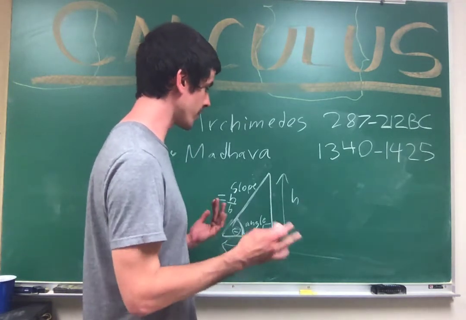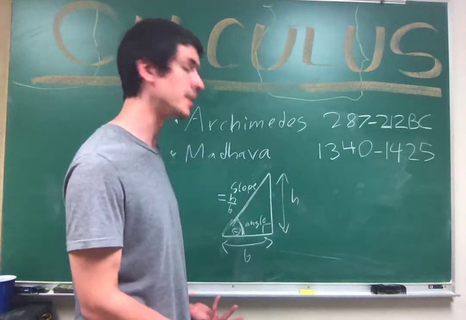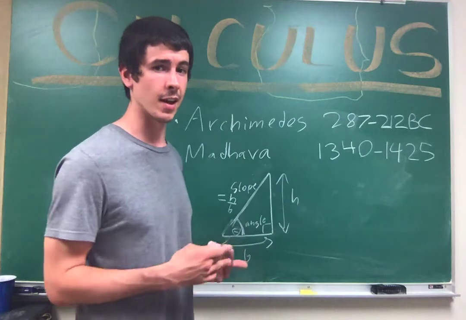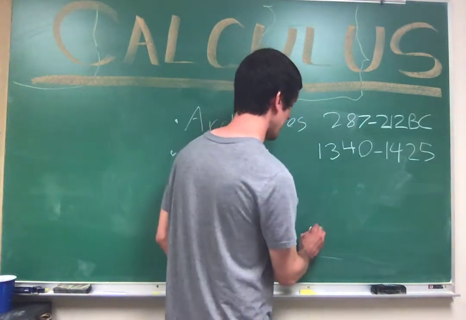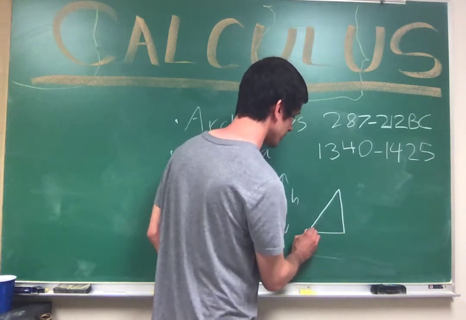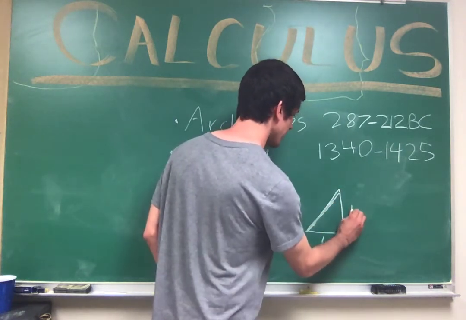And so for a concrete example that we all probably are familiar with, or would be, if we thought about it for a second, is a triangle where the base is equal to the height.